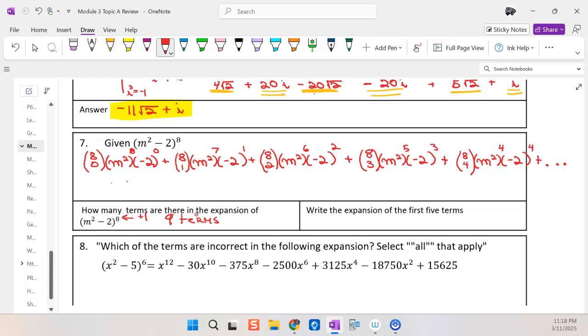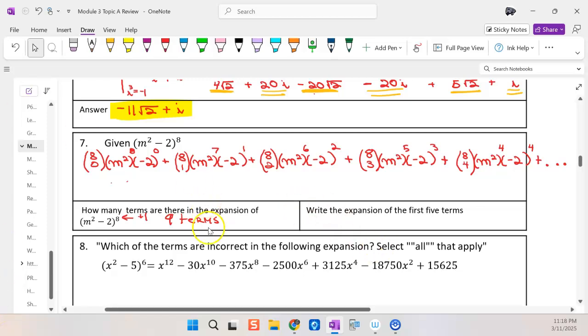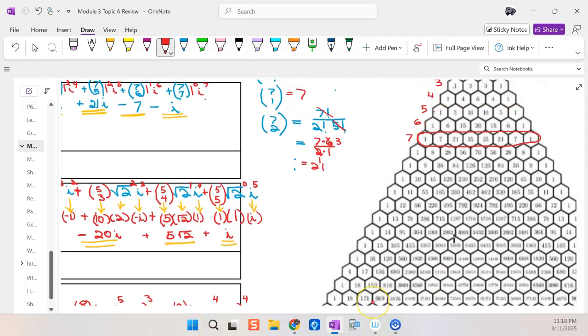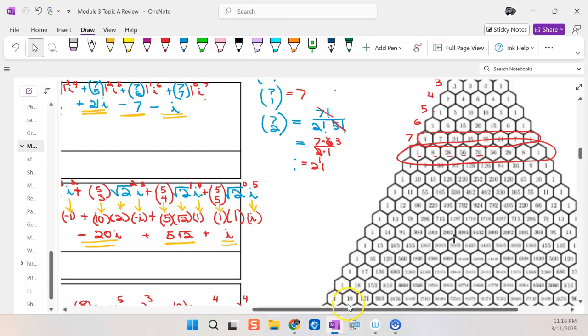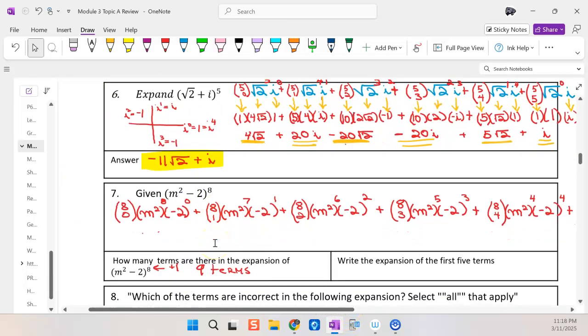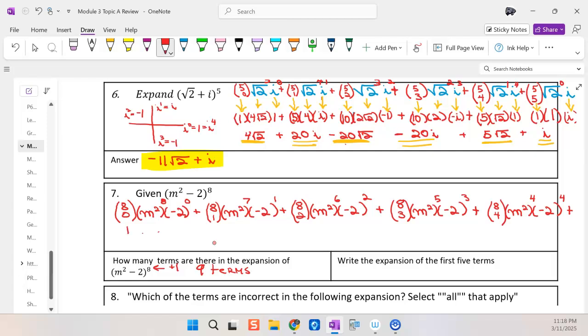I have my combinations. Okay, you could have also got those numbers from the 8th row of the triangle here. So my first 5 numbers are 1, 8, 28, 56, 70. So 1.